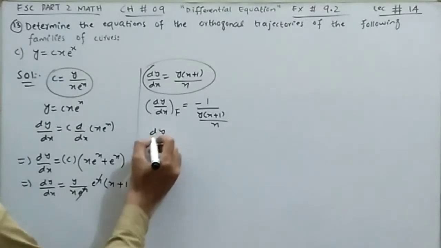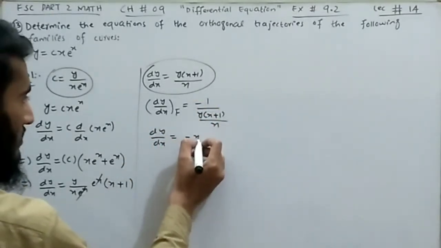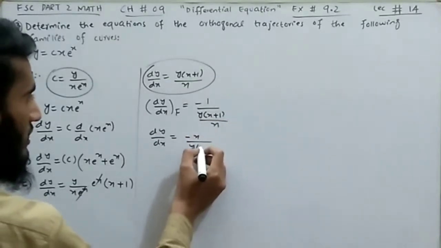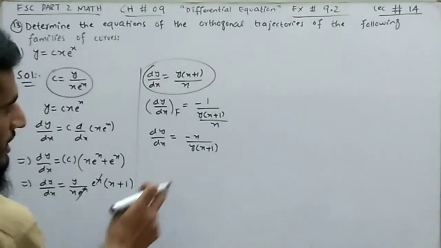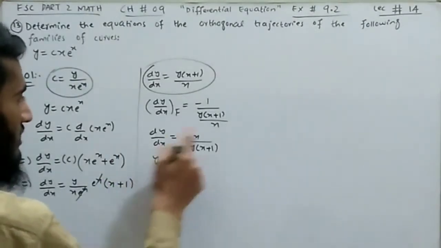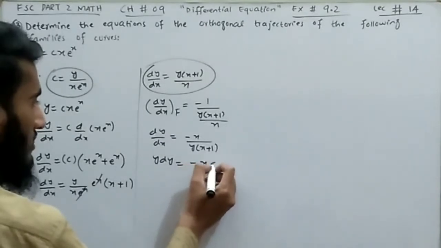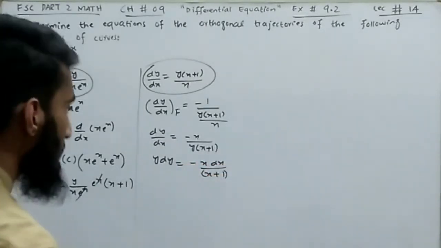So dy by dx will be equal to, shifting x to the numerator, minus x divided by y into x plus 1. Now using a separable differential equation, shift y to this side, it becomes y dy, and shift dx to the right hand side, it becomes negative x dx over x plus 1.